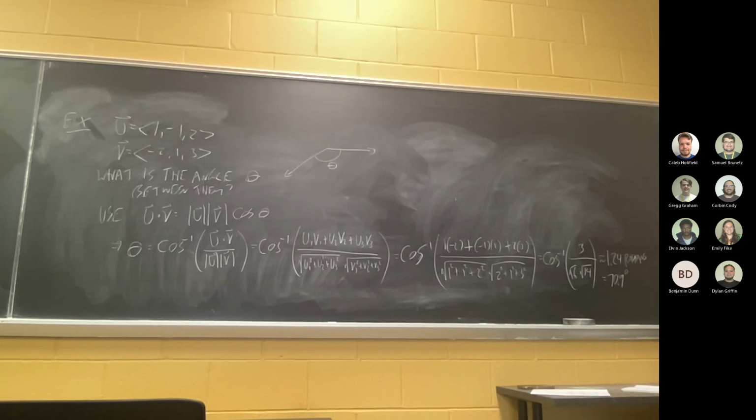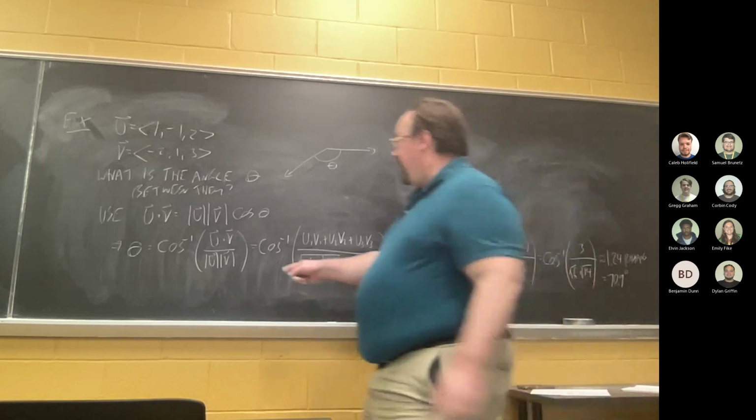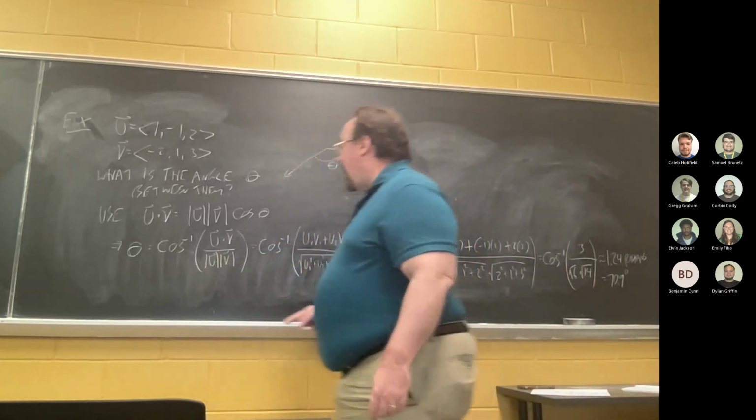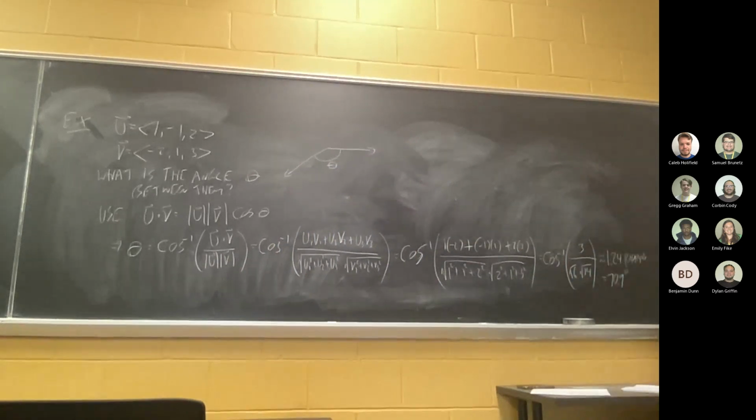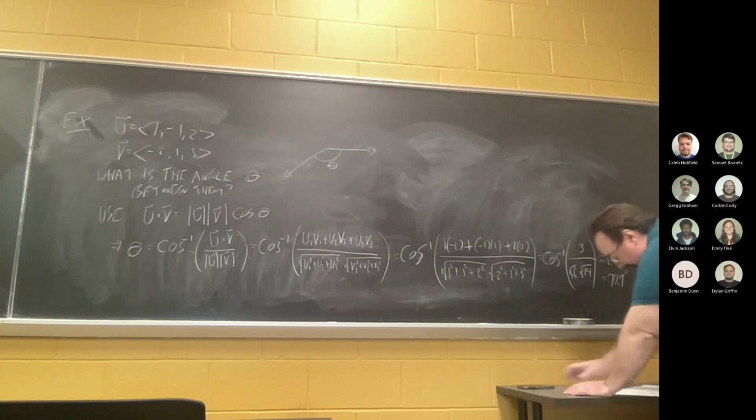Okay. So this is the formula for the angle between two vectors. The dot product you compute using the components, and then you divide that by the magnitudes, and then you take the inverse cosine. Any questions about this one?